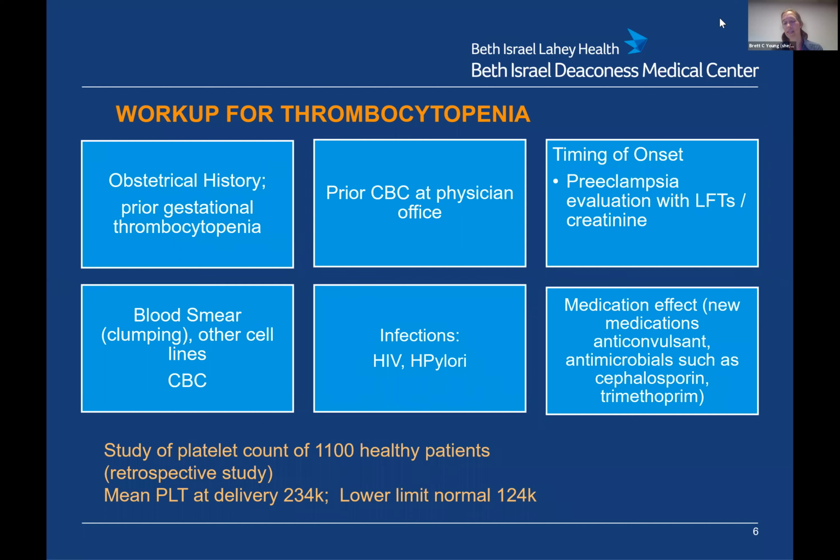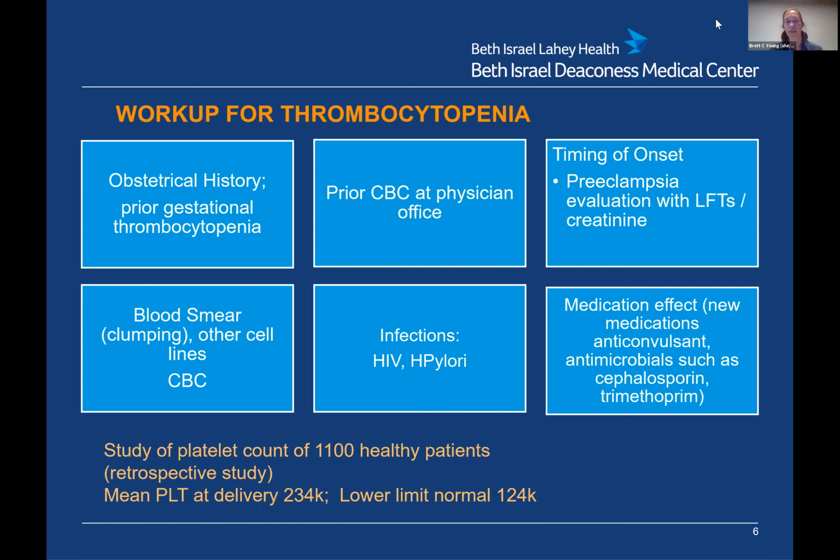We should try to see if the patient has had any complete blood count at a prior physician's office, either in a prior pregnancy or at another visit or with her primary care provider. We should get a sense of when the thrombocytopenia started in the pregnancy, so timing of onset. And certainly in the third trimester, we should be thinking about the potential for obstetric causes of thrombocytopenia, and that would of course include HELLP syndrome or preeclampsia with severe features.